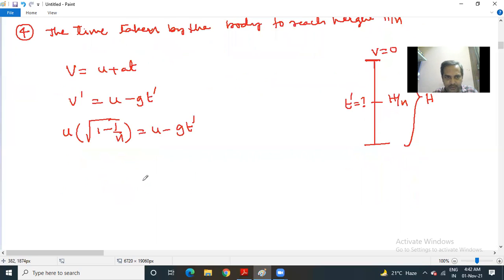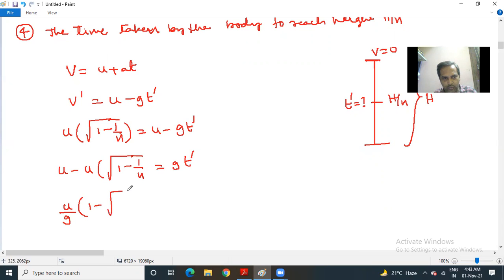You take u that side. So it will be u minus u of root over 1 minus 1 by n is equal to g t dash after cancellation of negative. So you can take out u common. After that you get the g down. So this will be 1 minus root over 1 minus 1 by n.